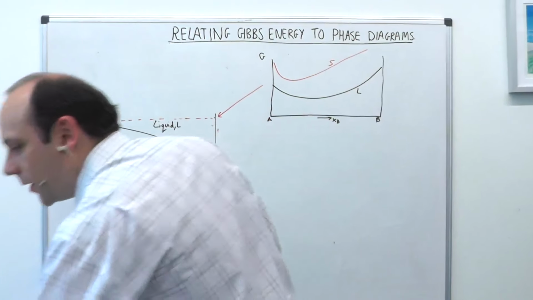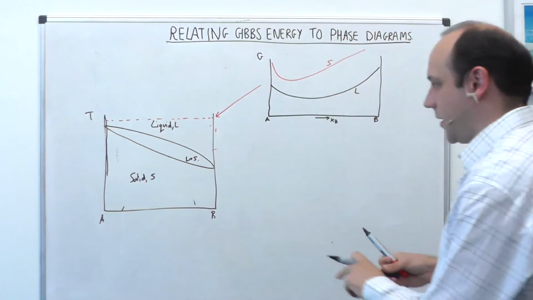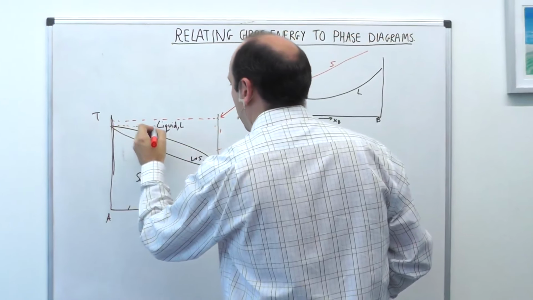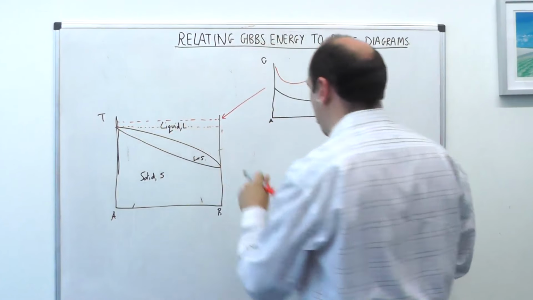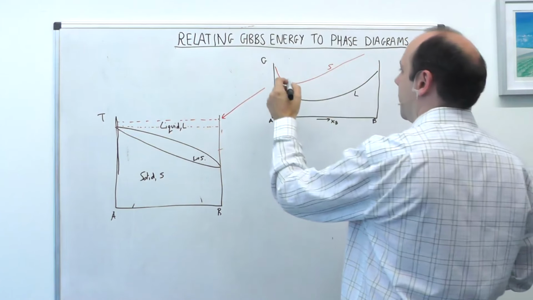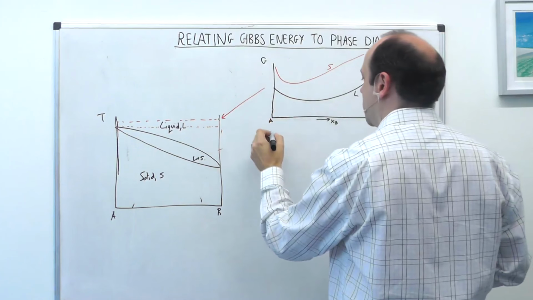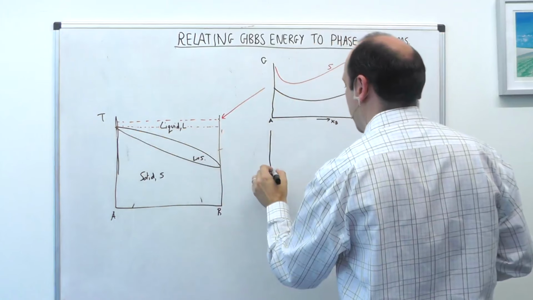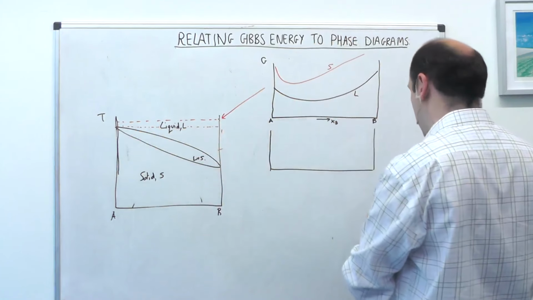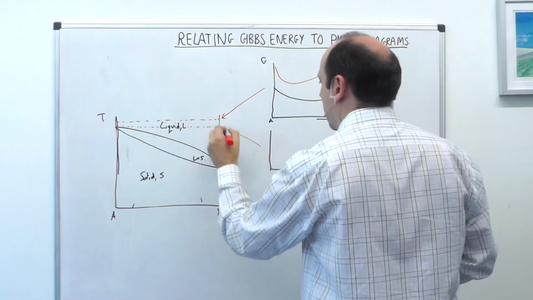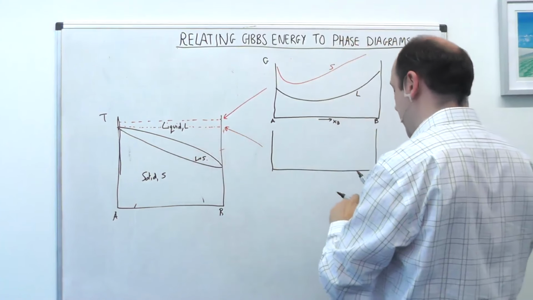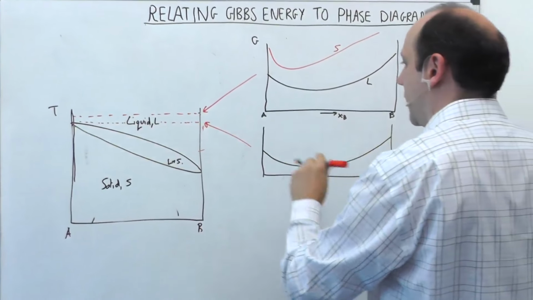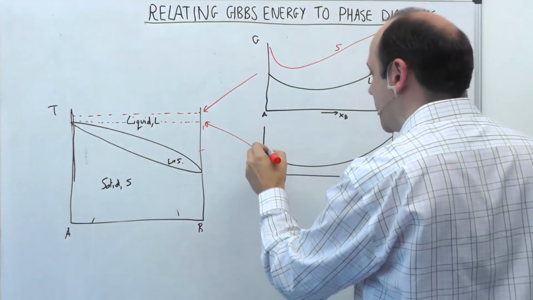When we go on to the solidification point of pure A, then those two must start to overlap. These two move relative to each other such that just at that particular composition, the two have the same Gibbs energy. So if I draw the liquid here, the solid must be doing something like this.